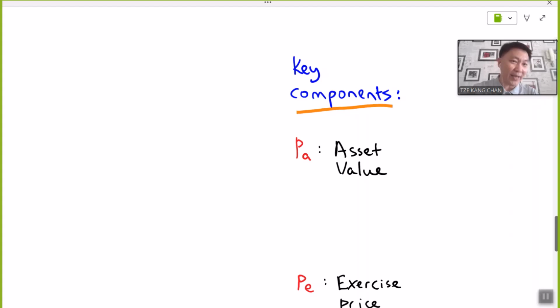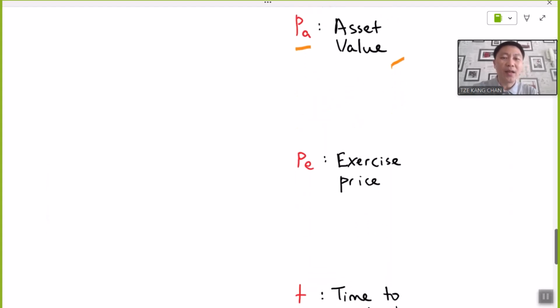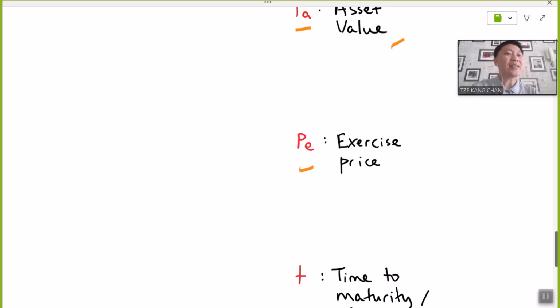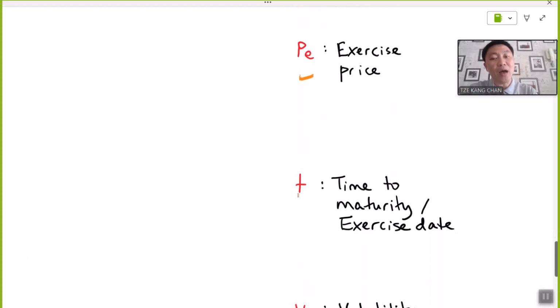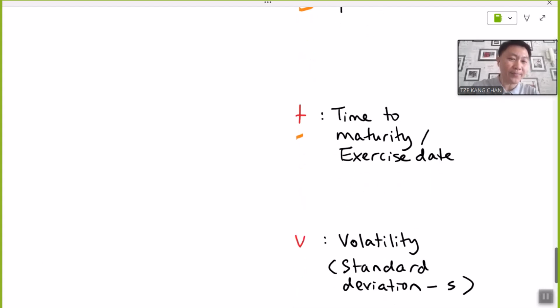Let's revisit and recap a little bit what exactly are the key components on the 5 variables that are required. PA is the price of the asset, or it is simply termed the asset value. PE, the exercise price, followed by time to maturity, or we can say the exercise date of the right.